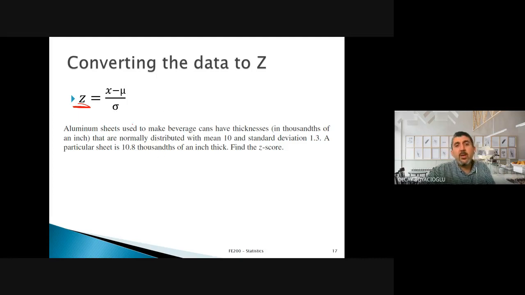So let's look at a small example here. Aluminum sheets that are used to make beverage cans, like those cola cans, the soda cans that you open up with a pop. They have thickness, right? They have to be in a certain thickness, definitely. However, their thicknesses are given in thousandths of an inch.